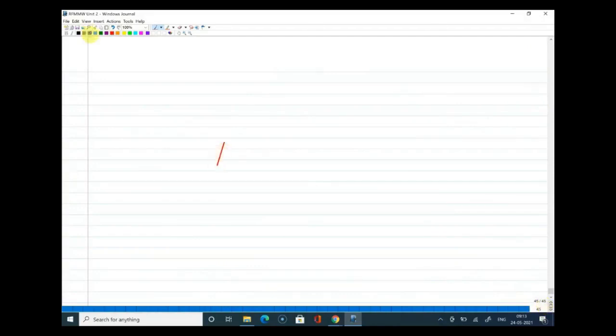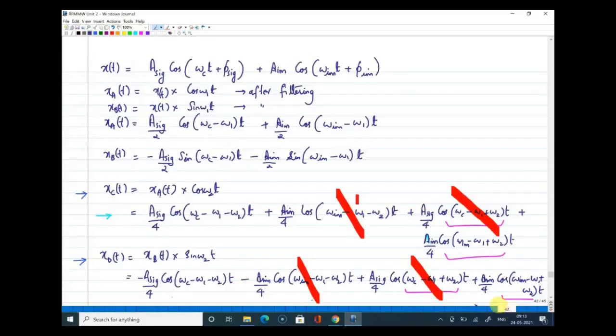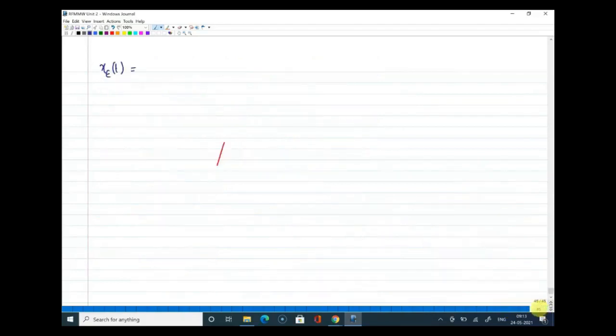If I write what is at E, Xe of t, I am just writing the components by removing these two. Aim by 4 cos omega Im minus omega 1 minus omega 2, and similarly the omega c component.